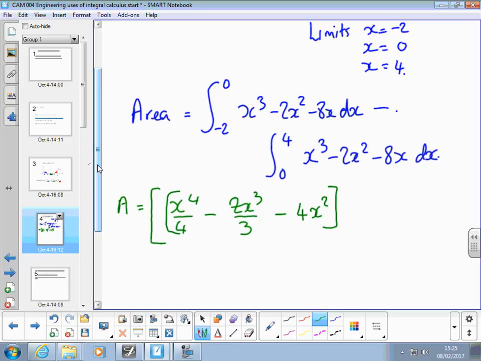That one's between 0 and minus 2. We've got to take away brackets x to the 4 over 4 minus 2x cubed over 3 minus 4x squared between 0 and 4, because that's the portion that's underneath the x-axis. We've got to take it away.